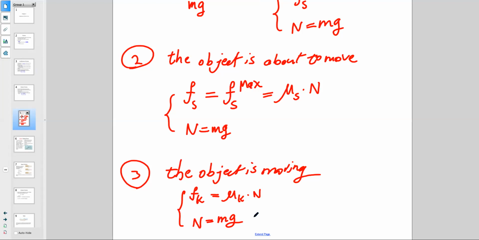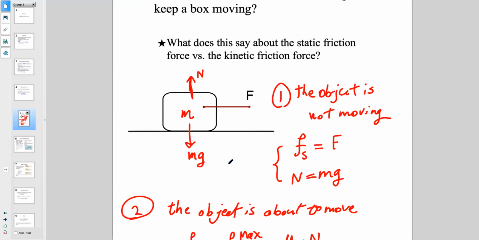But the forces along the y direction should always cancel out. So it is important to also think about your coordinate system. In other words, my coordinate system would be x along this direction and y along that direction. So I have x here and I have y over there.